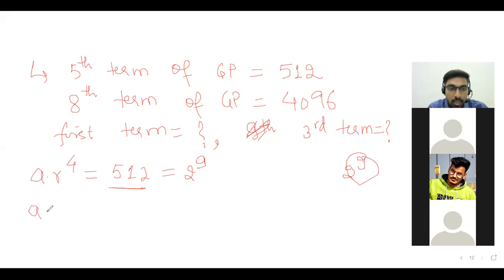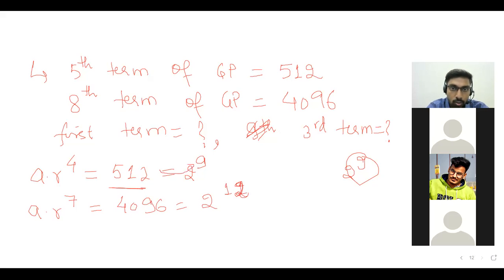And eighth term, that means a into r to the power 7, that you can write as 4096, which is 2 to the power 12. Is this clear to everyone? 2 to the power 12 and 2 to the power 9. Okay, no problem, you can skip this part as well. If it is not clear, skip it and solve directly.